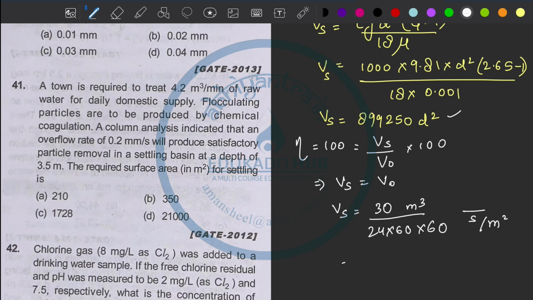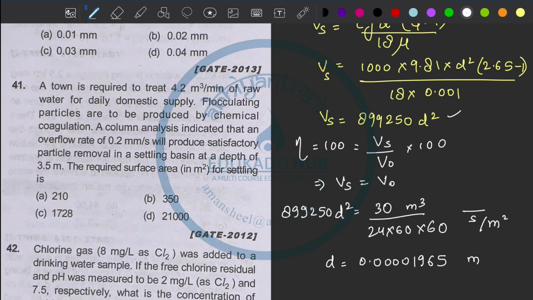And the value of Vs we have calculated is 899250 d square. So 30 over 24 into 60 into 60, and the value of diameter d comes out to be 0.0000165 meters.